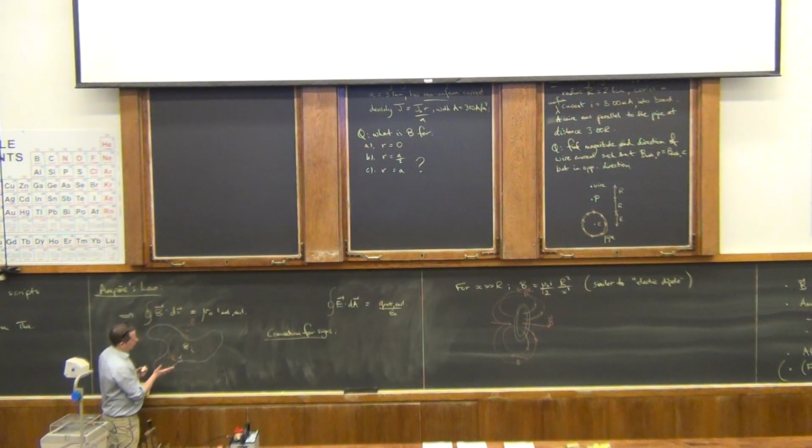If we are going around an Amperian loop, we wrap our right-hand curled fingers in the direction that we're traveling. And if the current enclosed within that loop is in the direction of our thumb, so following with this, I'm going counterclockwise around this green curve, we're going to call it a positive current.